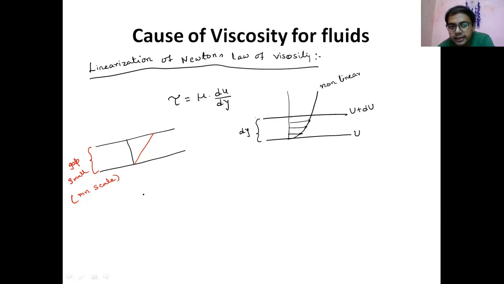As the velocity profile is linear, you write tau in this way. Let us take the velocity as 0 here, and here the velocity is u, and it is a linear profile. So what is the slope of this profile? The slope is nothing but du by dy equal to u minus 0 over the gap, let us take h, so h minus 0.